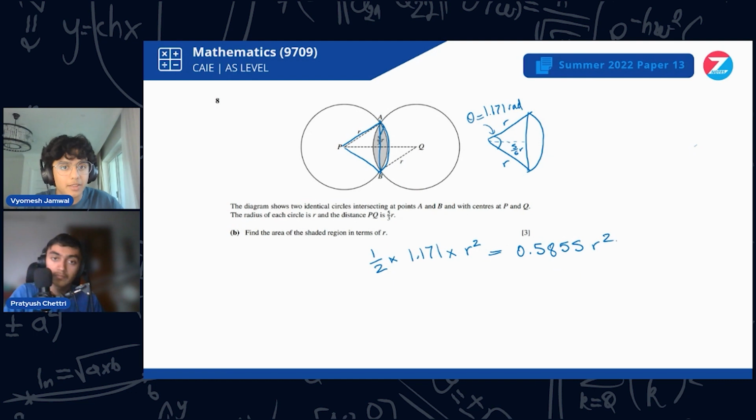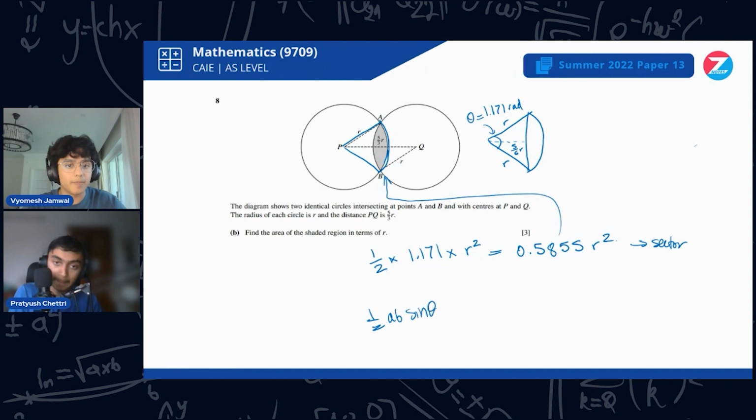If we're trying to find the area of the triangle, we're going to use the 1 upon 2 ab sine theta formula. Remember, it's very, very helpful. It's going to save you a lot of time. In this case, we've got r as one side, r as the second side, and the angle theta 1.171.